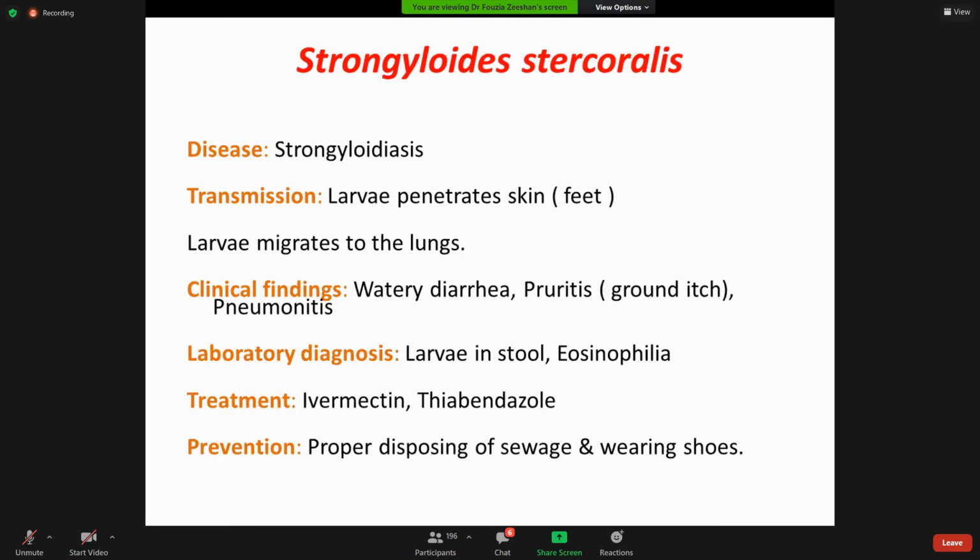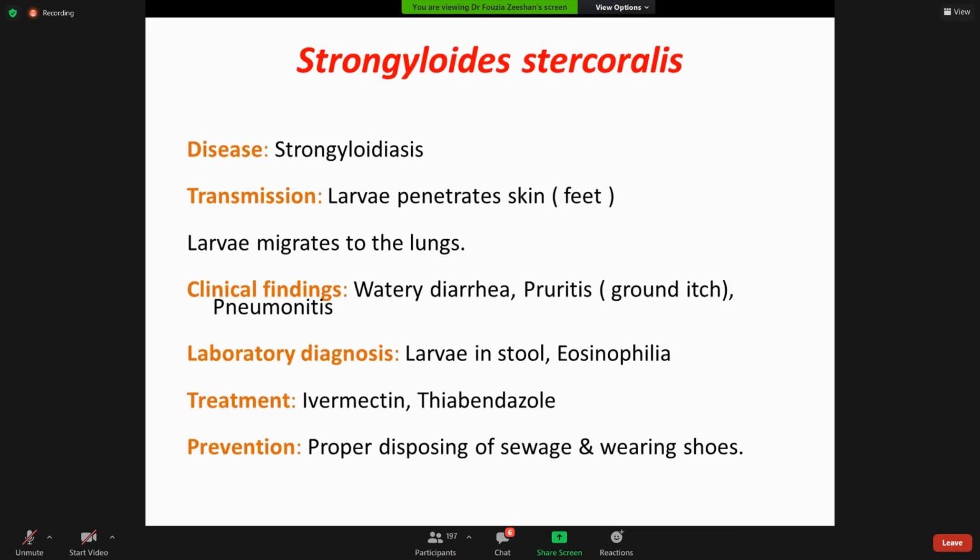Why does eosinophilia occur? Because in all the parasitic conditions, the blood picture always shows eosinophilia. Treatment will include ivermectin and thiabendazole, and the prevention, obviously, is due to the barefoot infection.